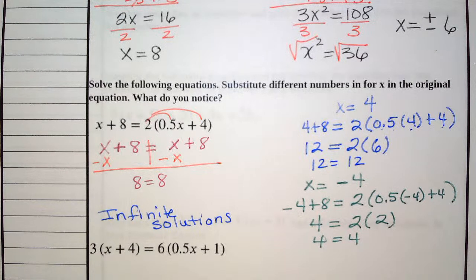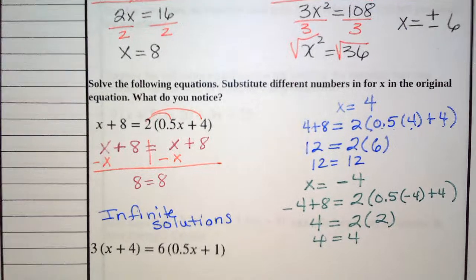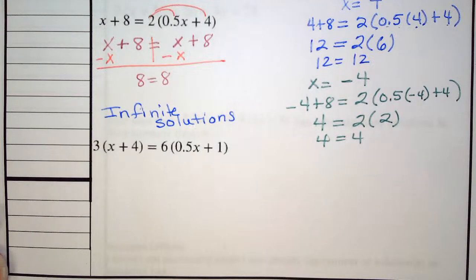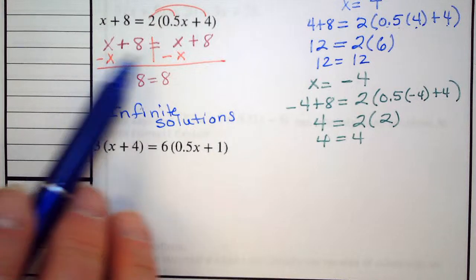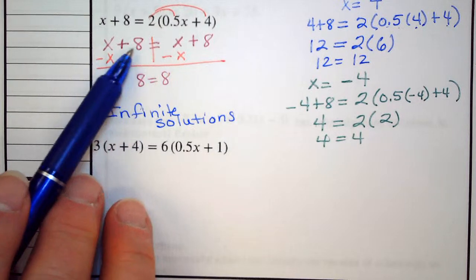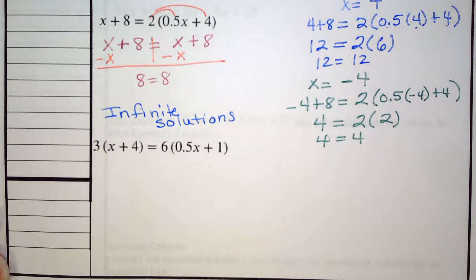See if you ever get a solution that is not correct. Okay, on the next one, what's going to happen? I want you to notice up here, we had the same equation on both sides, which should have told you then and there, it doesn't matter what you put in, it will always be a true statement.